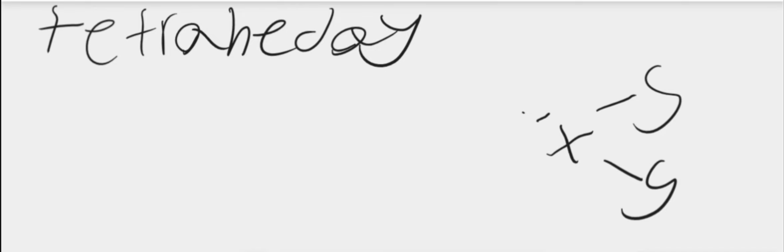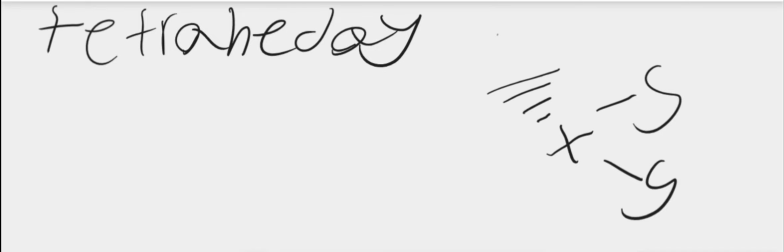Drawing your tetrahedral, it's a little bit more involved. It's not as simple as just drawing lines. Again, X signifies our central atom. We have an element over here. We have an element over here. But then this is where it gets different. This is just illustration.